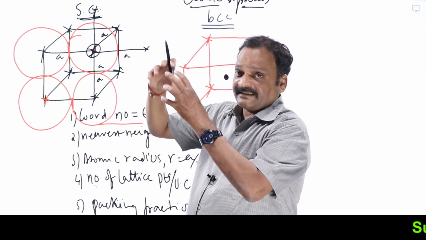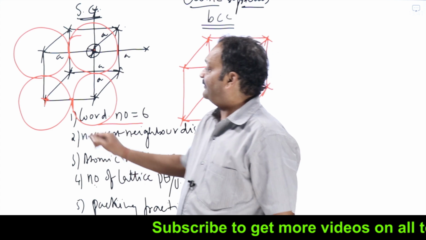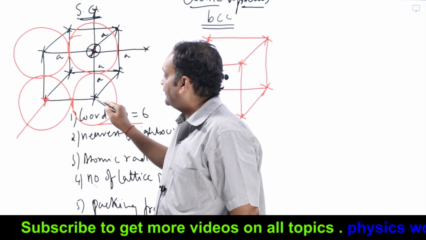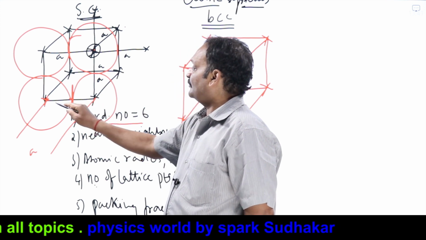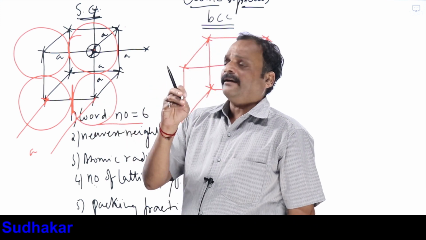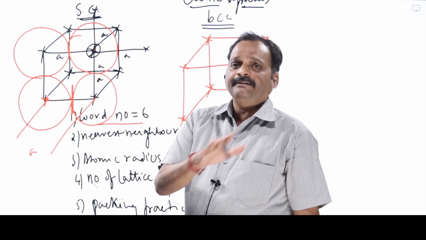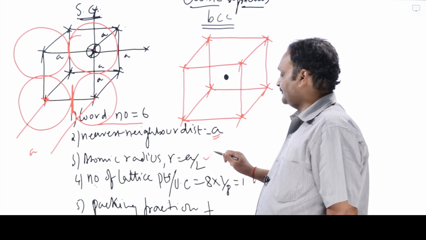All atoms are of the same size. They are all rigid spheres. So in this configuration, if the nearest neighbor distance between 2 neighbors is a, the radius of each atom will be equal to a by 2. Throughout the crystal structures, remember, whatever the nearest neighbor distance is, half of it will give you the atomic radius. Take it for granted. So atomic radius is equal to a by 2.